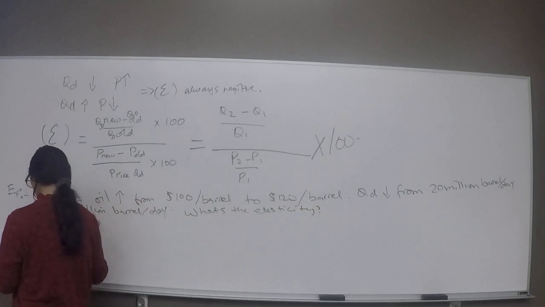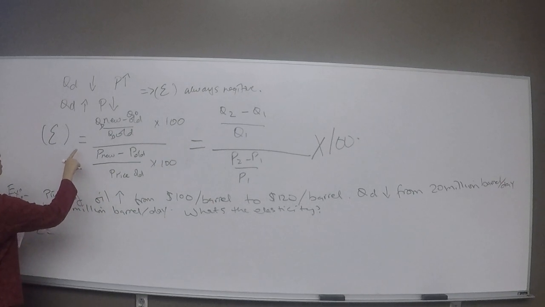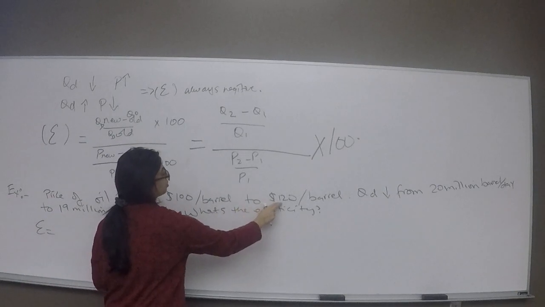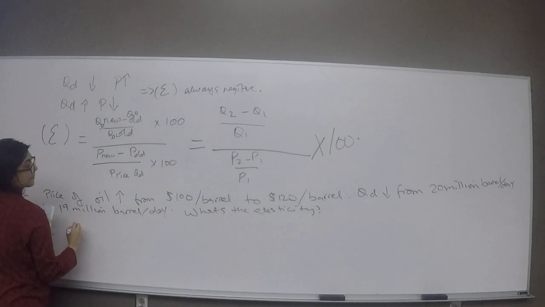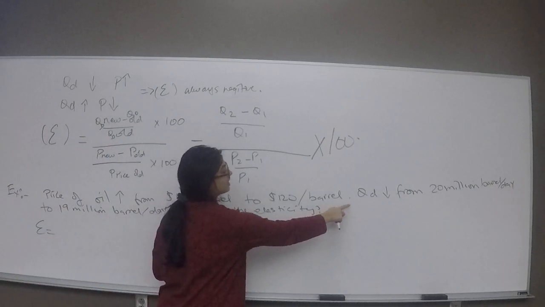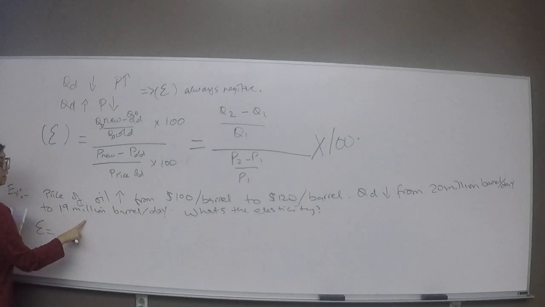Okay, so it's just plug and chug, right? Oh, that's price, actually. So quantity decreased from 20 million to 19 million a day.